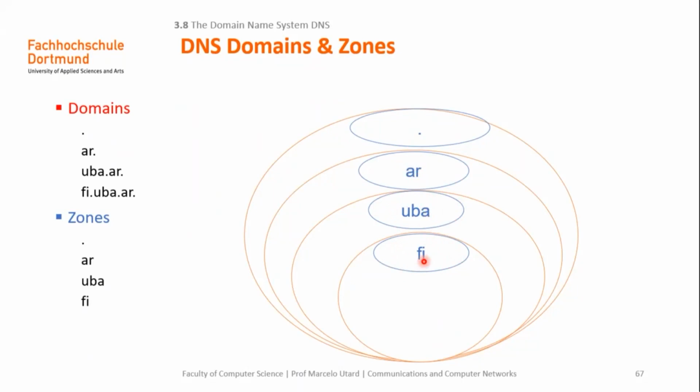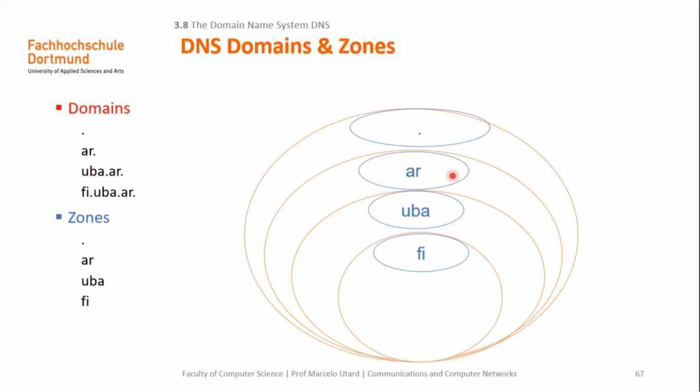The administrative entity that administers the names that finish with fi.uba.ar is, in fact, an administrative entity different from the administrative entity that administers the names of uba.ar, and so on.